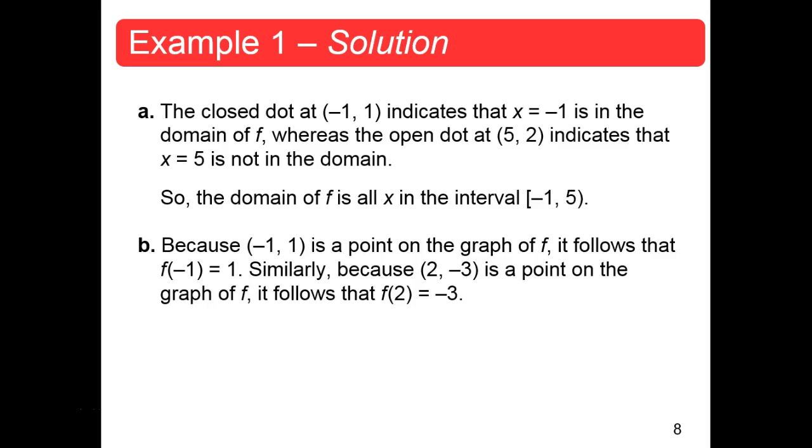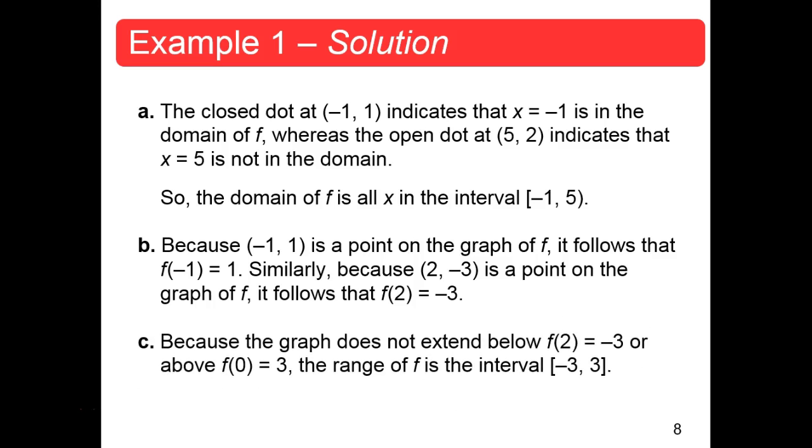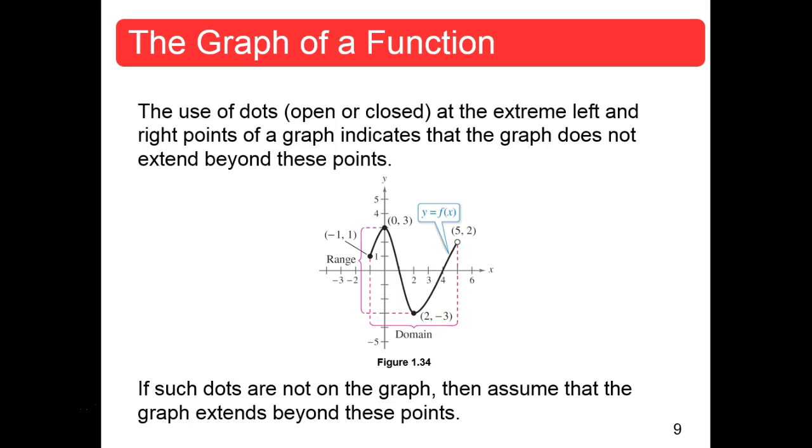Exactly like we said, right? And then finally, the range, the graph does not extend below negative 3 nor above positive 3, but it does include both of those, so the range is the interval from negative 3 to 3. They won't always be nicely balanced like that. It just happens to be this example is. Make sense? All right, good deal. Okay.